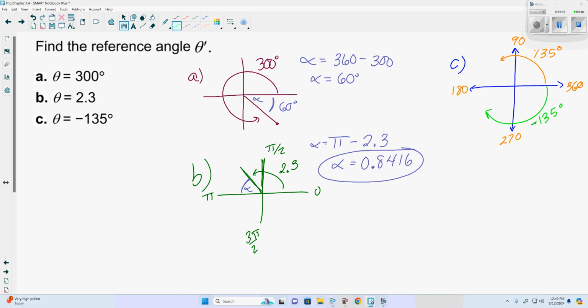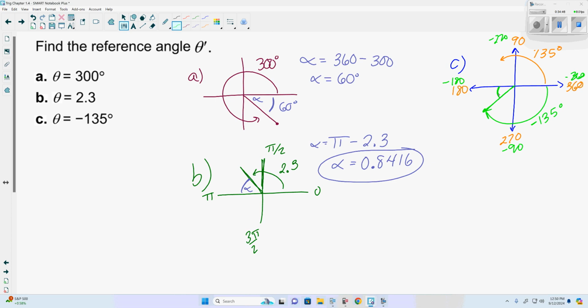135 degrees. Well, that means straight down is negative 90. Straight across is negative 180. Up is negative 270. And back where we started would be negative 360. And our reference angle will always be positive.